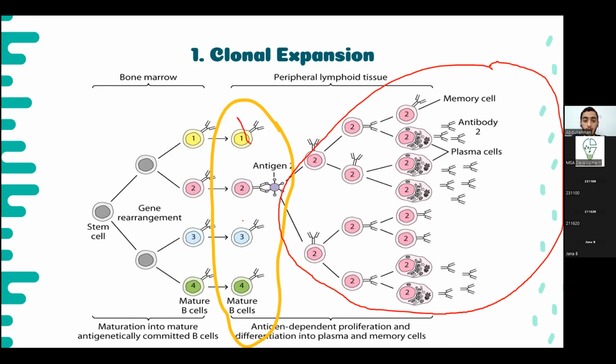The other ones are found in the region, but we don't want more of them. So they're going to be inactive or set aside for whatever other thing they need to do. Okay, so clonal expansion means the B cell that binds the specific antigen is going to be expanding, proliferating and duplicating a lot. Clonal expansion. It's very easy.